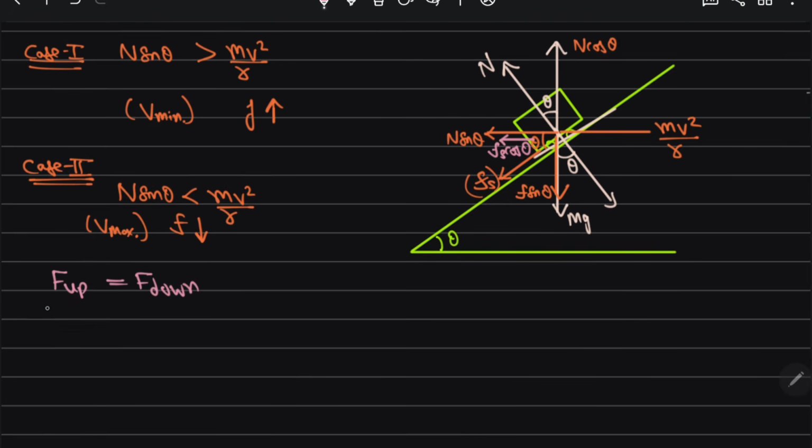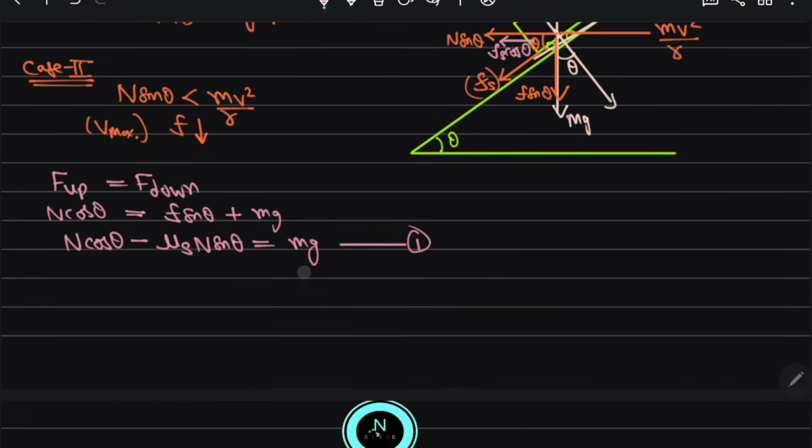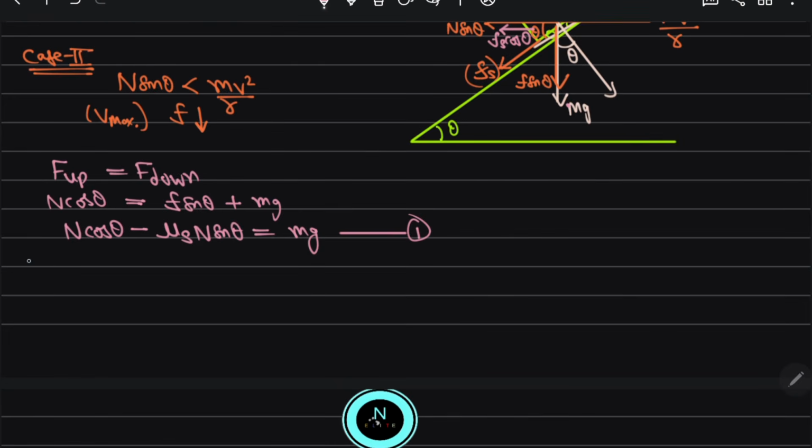So here N cos theta minus f sin theta is equal to mg. Can I write f as mu s into normal? So N cos theta minus mu s N sin theta is equal to mg. This is equation first.